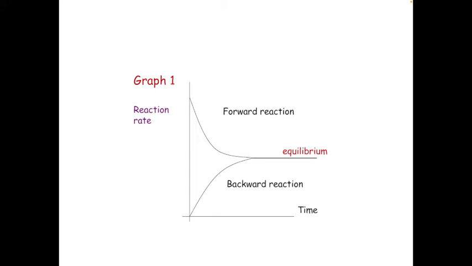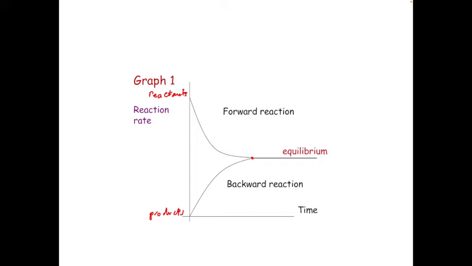So this is what would actually happen at equilibrium in terms of the reaction rate. You can see the forward reaction rate is decreasing until it reaches this point in the equilibrium, and the backward reaction is increasing. The reason that's happened is because the reactants would be up here, and these are the products.